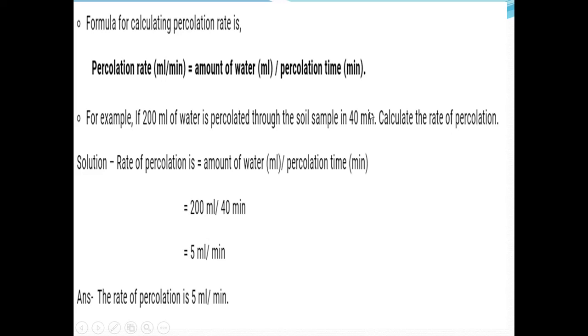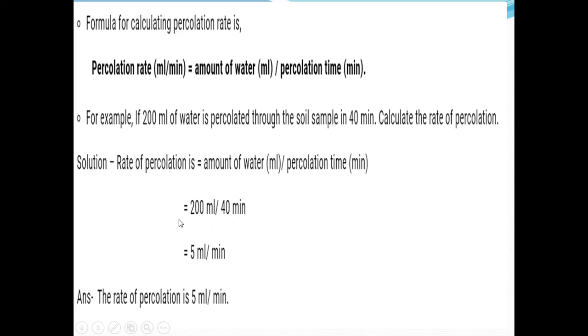How will we calculate the rate of percolation? Using the formula: percolation rate is equal to amount of water divided by percolation time. Here in the question, 200 ml of water is percolated through the soil, so the amount of water is 200, and the percolation time is 40 minutes.